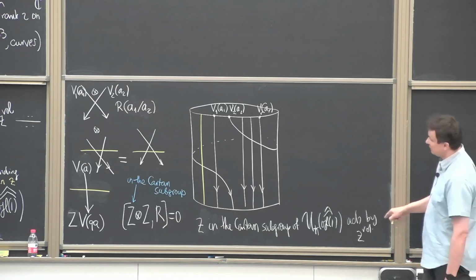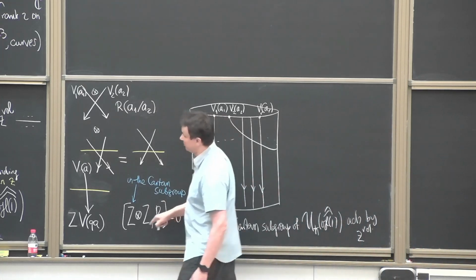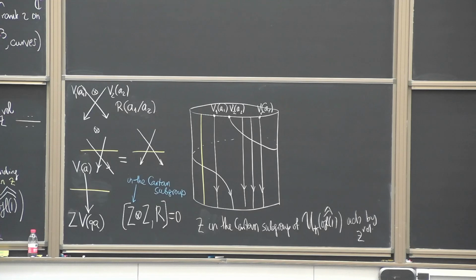So this is a grading operator. And how it acts in a Fock space, it multiplies this element by Z to this volume. So this is how the variable Z enters this equation.